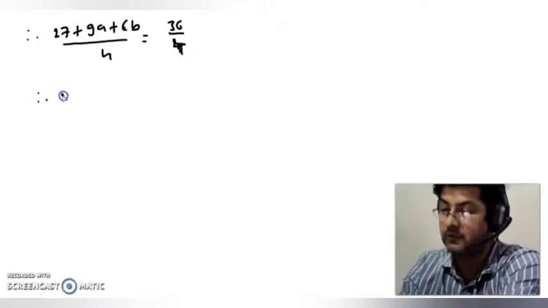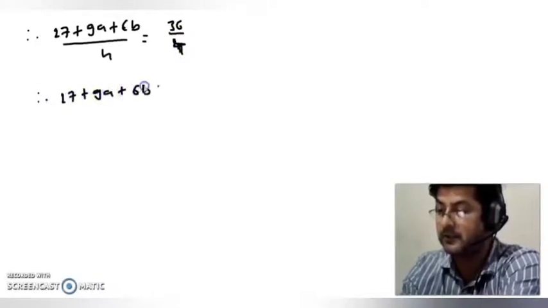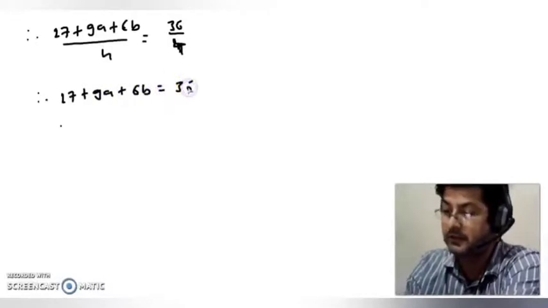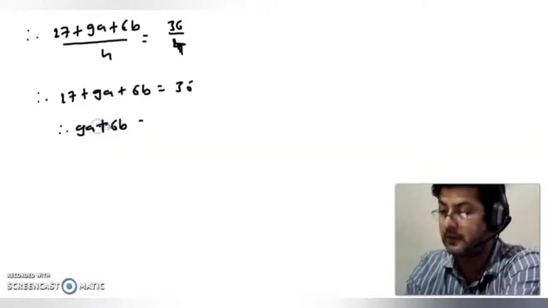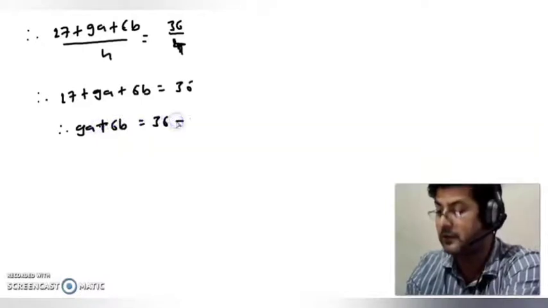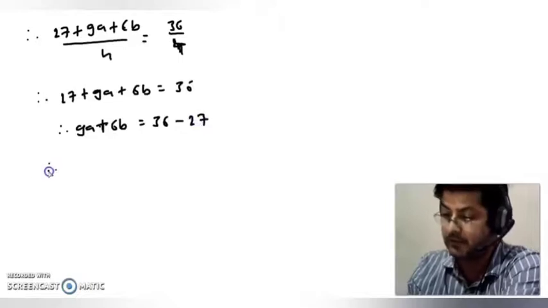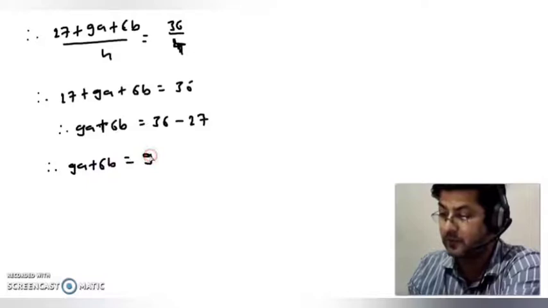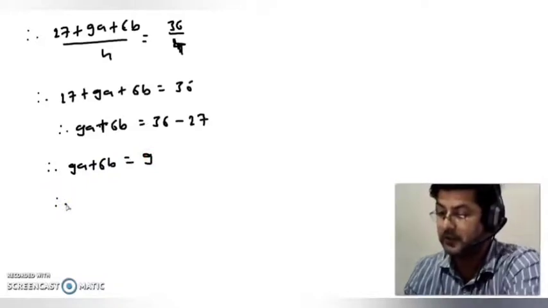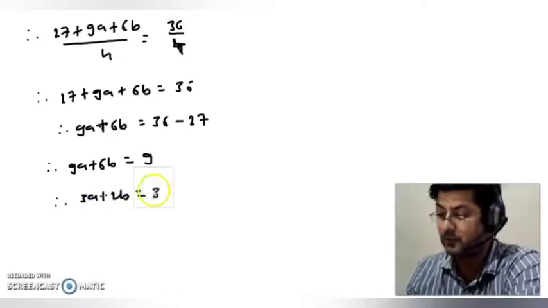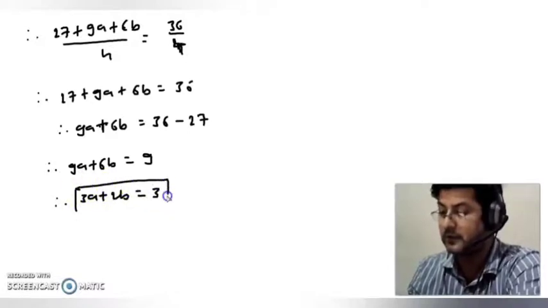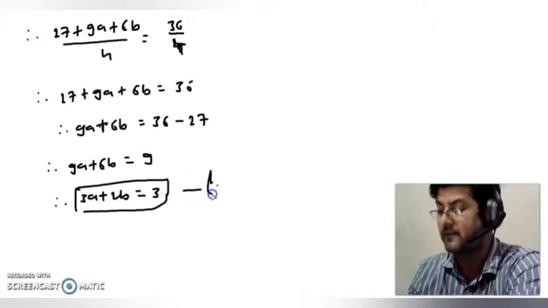And therefore 27 plus 9a plus 6b is equal to 36. Therefore 9a plus 6b is equal to 36 minus 27. Therefore 9a plus 6b is equal to 9. Let us take 3 common. So 3a plus 2b is equal to 3. So this is equation number 1.